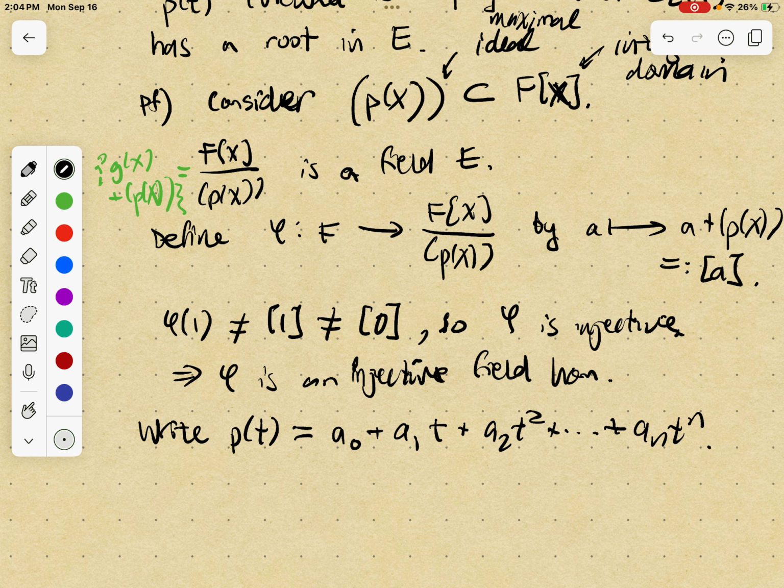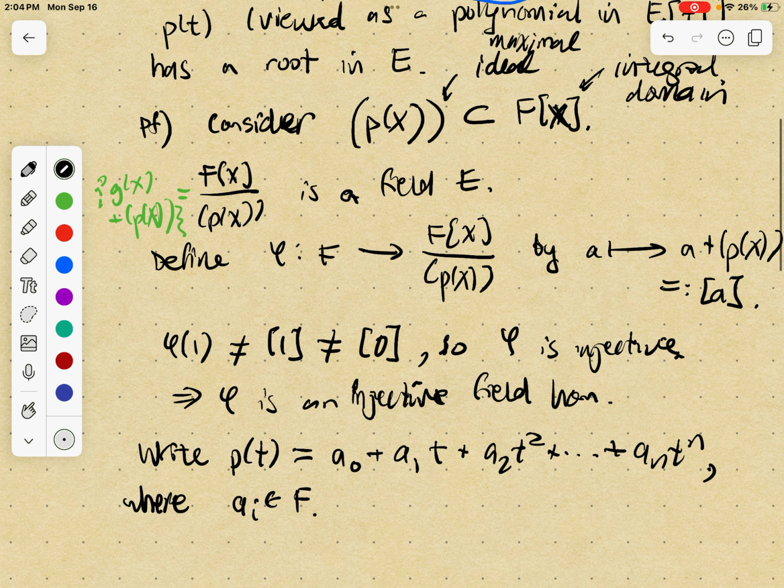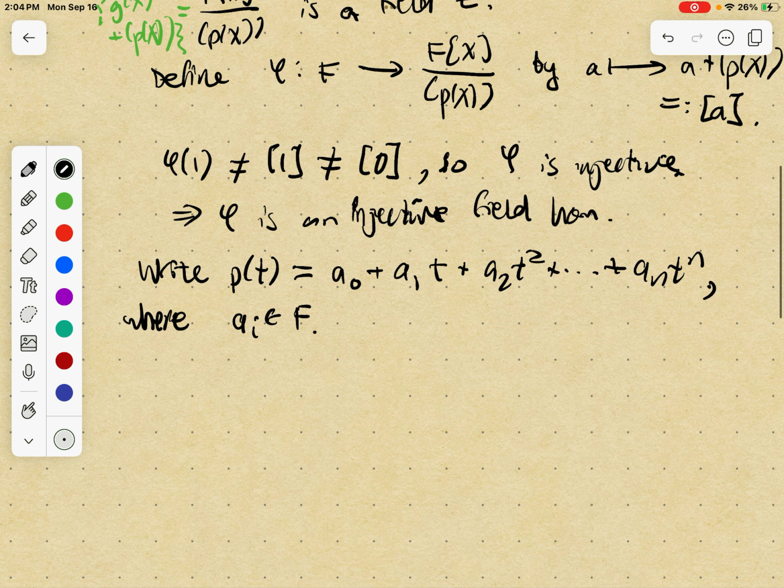Then, so here, where the AIs are in F. Right, now we're viewing this as a polynomial in E of t.